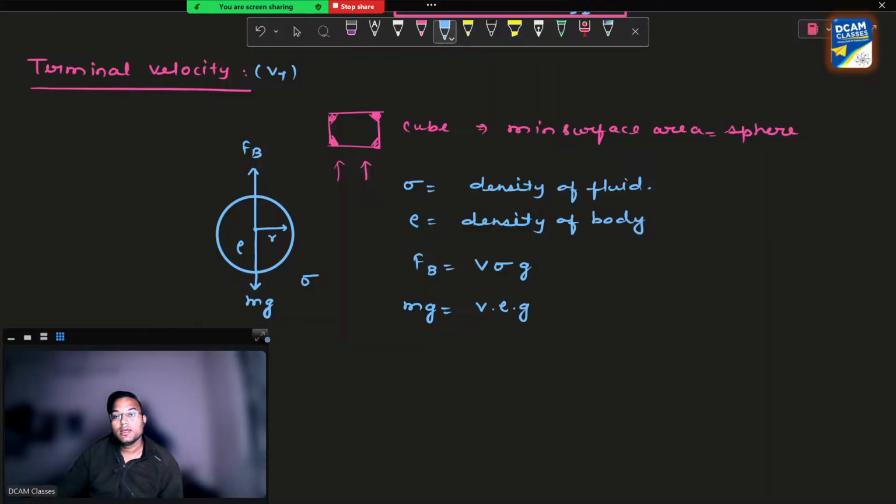Correct? There is one more force, that is the friction force, because of the air and all, that is given by the Stokes law.